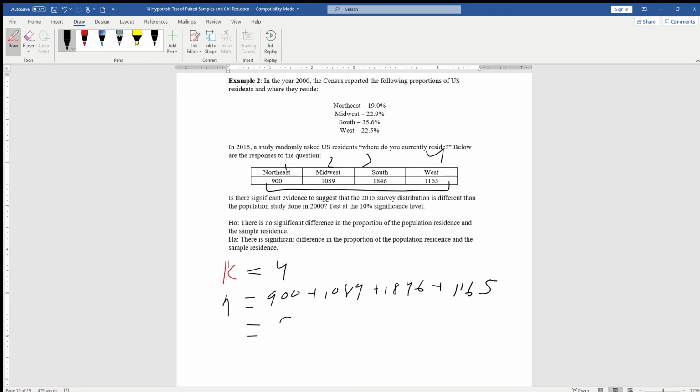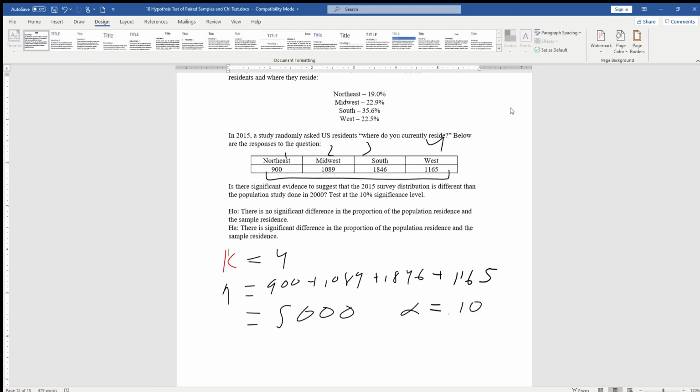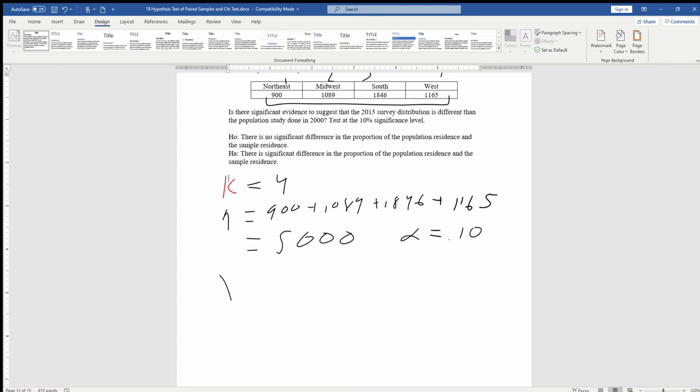Okay, 5,000. The significance level that's given, very easy to find, is going to be 10%. And then finally we can find the critical value and then construct the distribution. So chi-square critical is going to be based on 3 degrees of freedom. So that's 4 minus 1, which is 3. And then alpha, which is 10%.